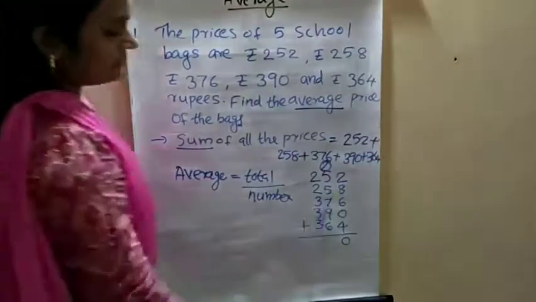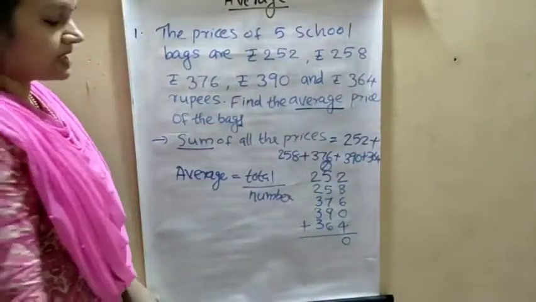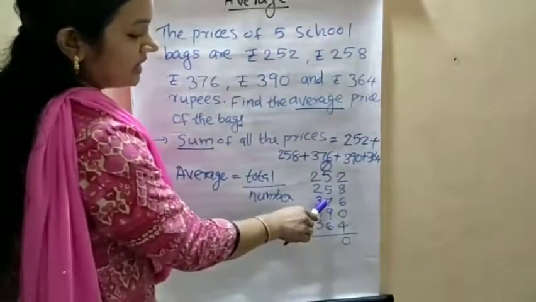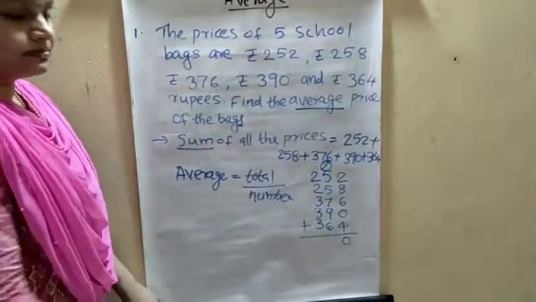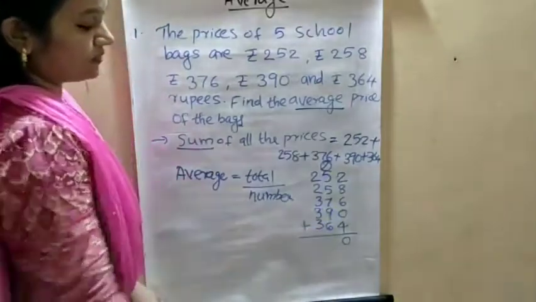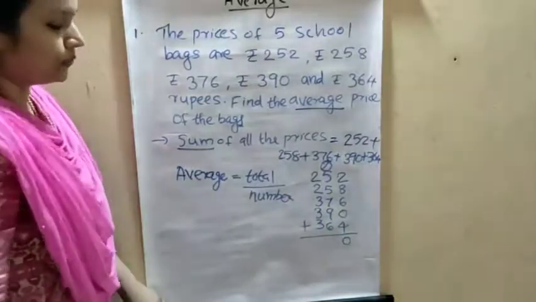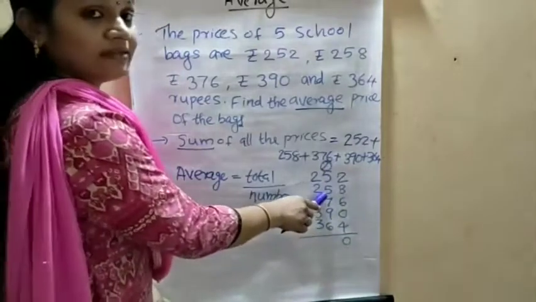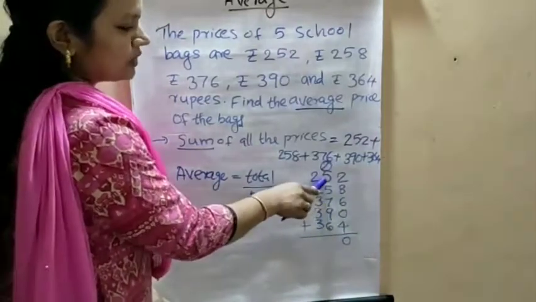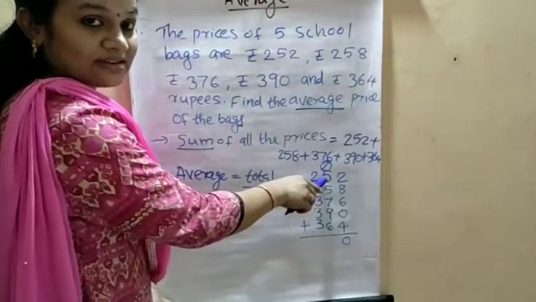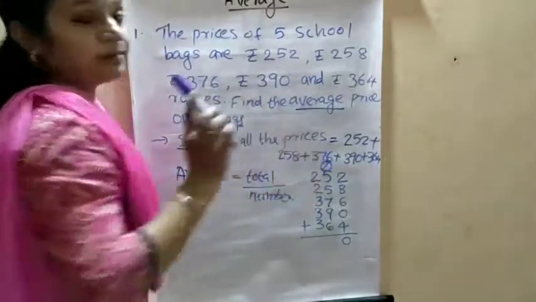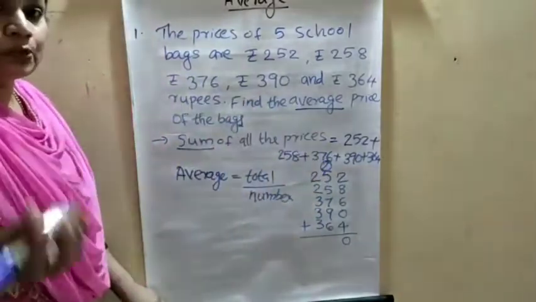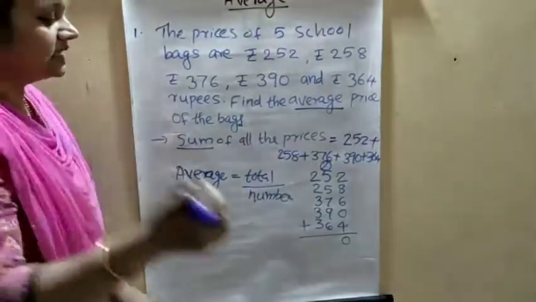Then 6 plus 9, 15. 15 plus 7, 22. 22 plus 5, 27. 27 plus 5, 32. 32 plus 2, 34.